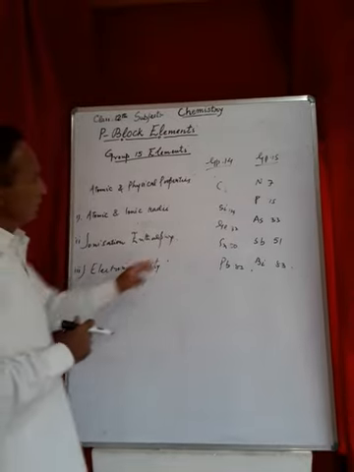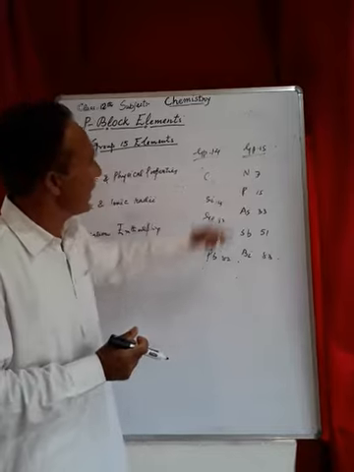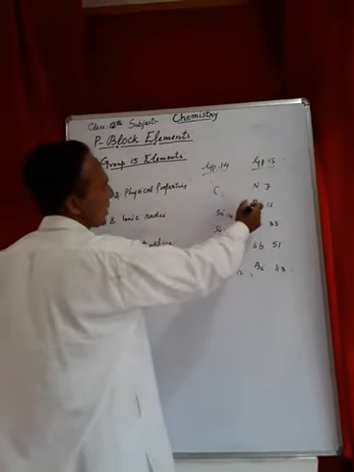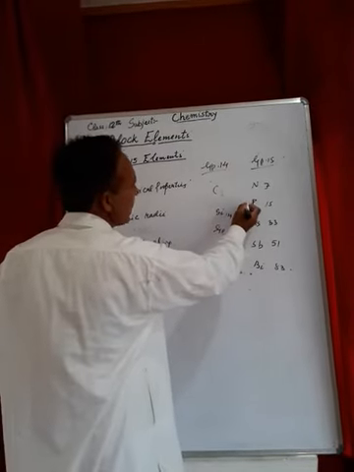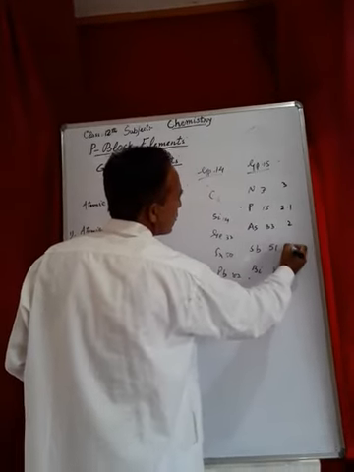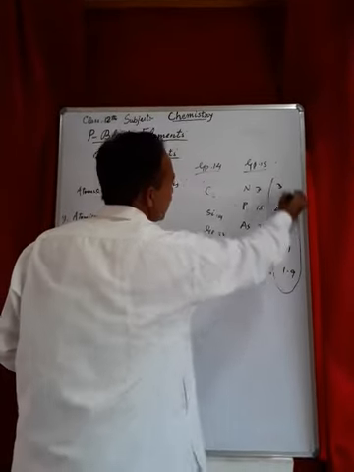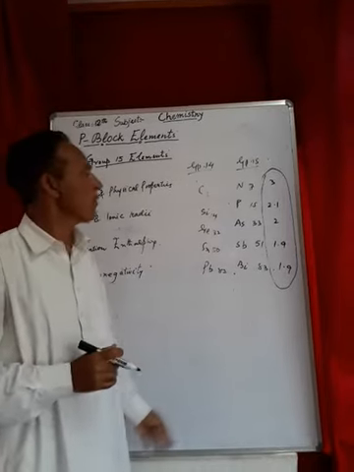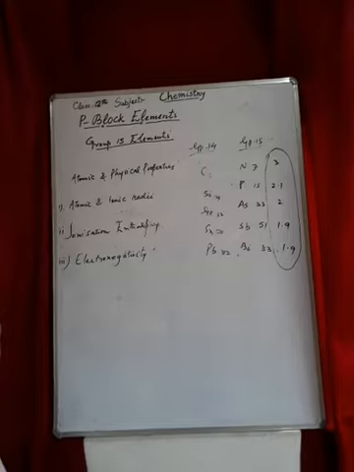Nitrogen has an electronegativity value of 3, phosphorus 2.1, arsenic 2, and the others 1.9. These are the electronegativity values of the group 15 elements. So as we move down the group, the electronegativity decreases. Thanks.